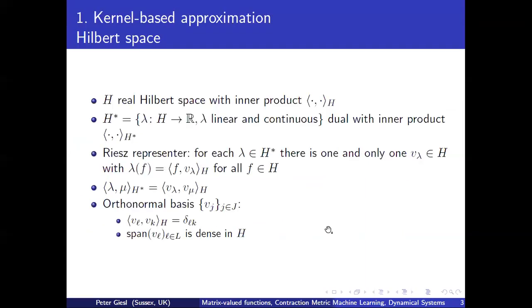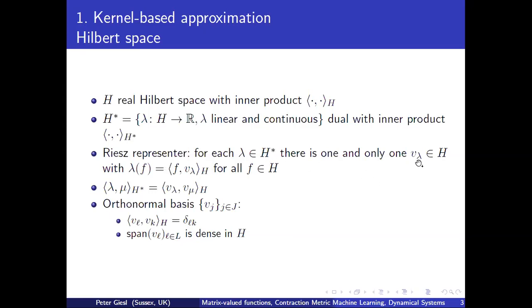Right, so let's start with the kernel-based approximation methods, and let's start with the setting. We start first of all with a real Hilbert space H with an inner product, with a dual we denote by H star, with corresponding inner product, of all linear and continuous maps from H to R. And then the Riesz theorem tells us each element in the dual space lambda has a Riesz representer.